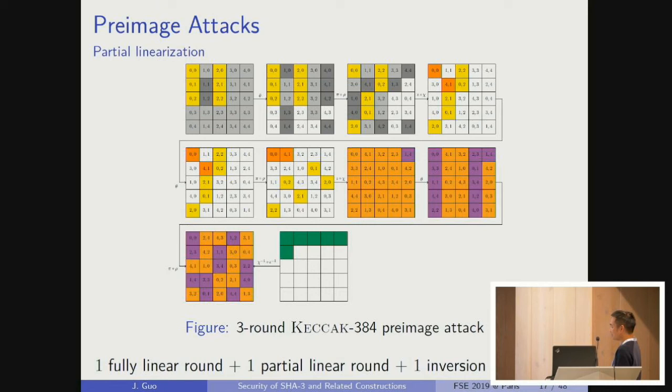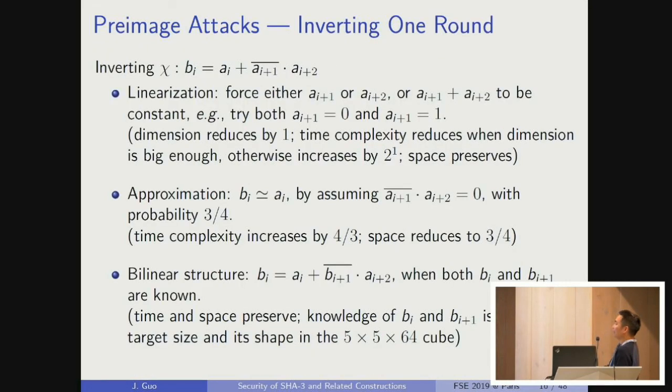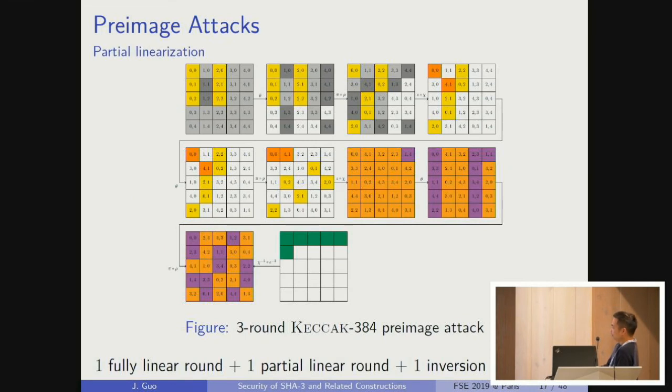For example, I can assume the output bits of this one to be the same as this one using our approximation. We have an approximation method assuming the output bits are the same as the input bits. So with this being linear, I can assume this to be linear as well, which equals this one. So you don't really need the knowledge of all the remaining bits to establish this.